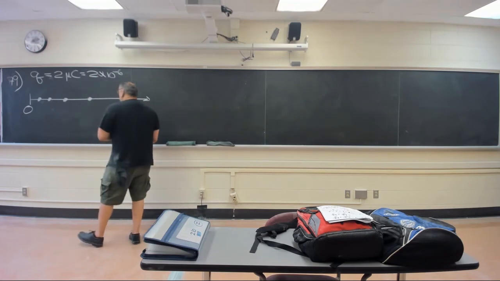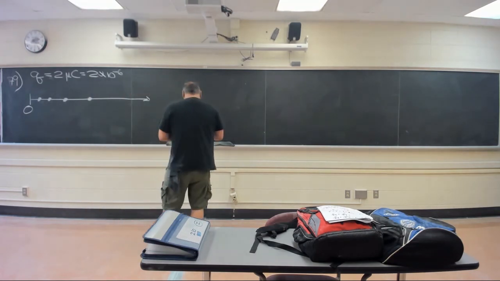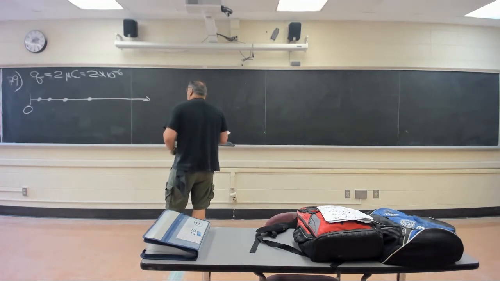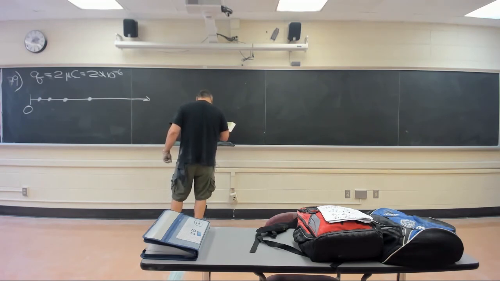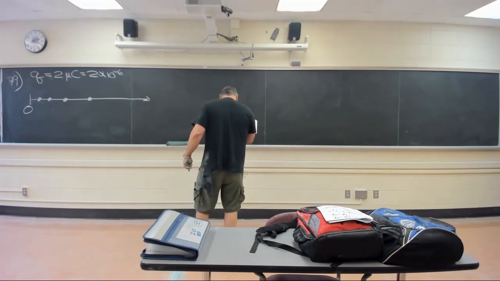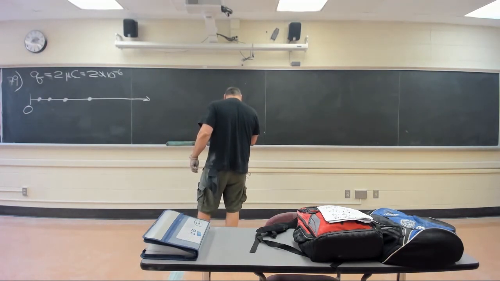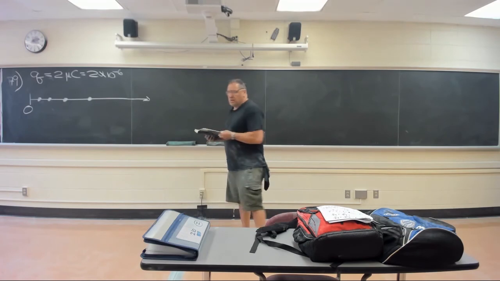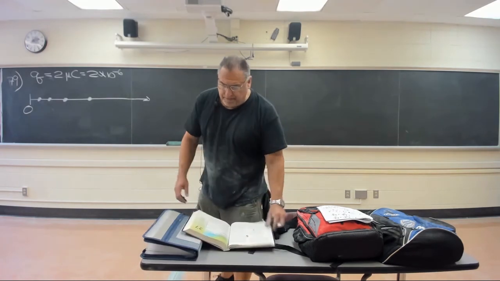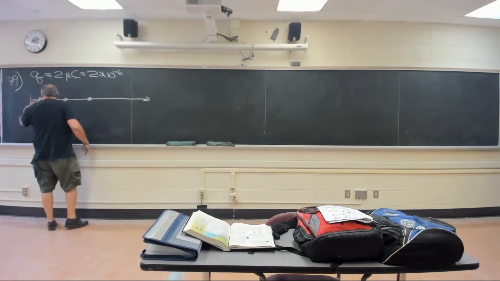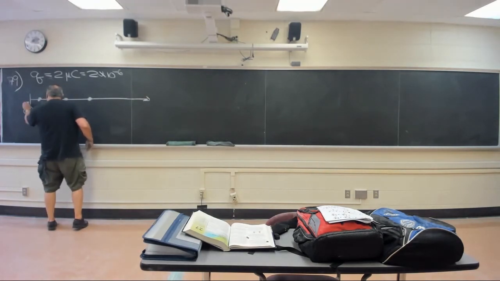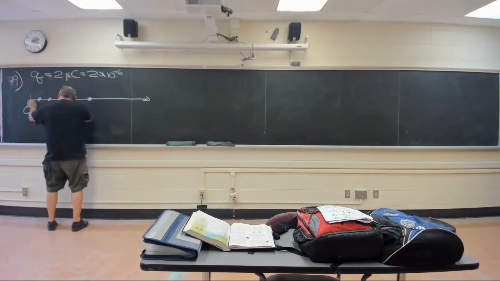What's going on here? There's absolutely a pattern here. So let's take a look at how we're going to do it. How are you going to look at this whole process? There's an infinite number of them, and I want to find the potential over here. Here's a distance of 1. Here's a distance of 2. Here's a distance of 4.